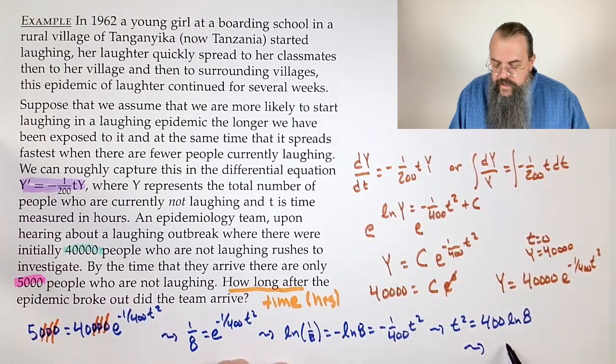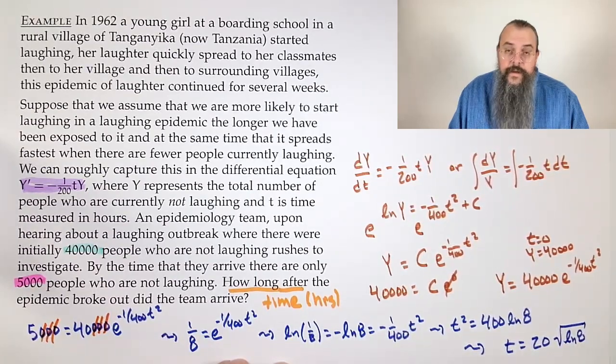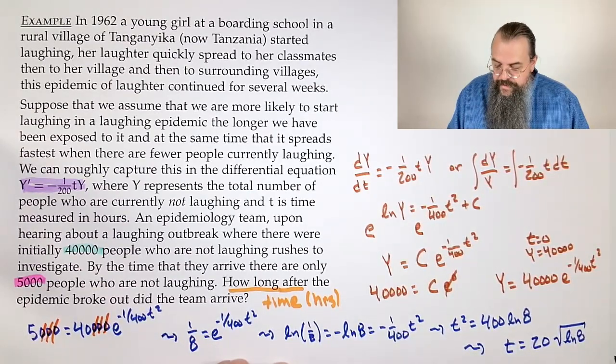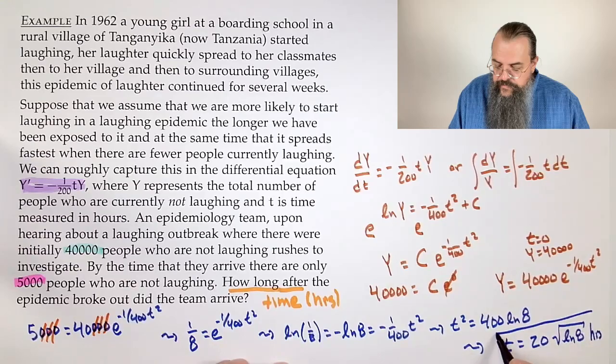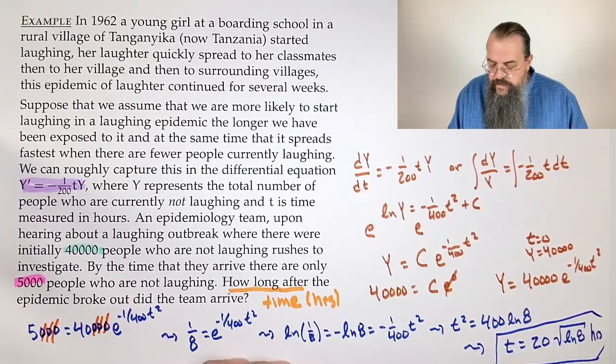Or we say t, well, square root, we get square root of 400 is 20, and the square root of natural log 8, well, is something, but it is what it is. So 20 times the square root of natural log of 8 hours. And so there we go.